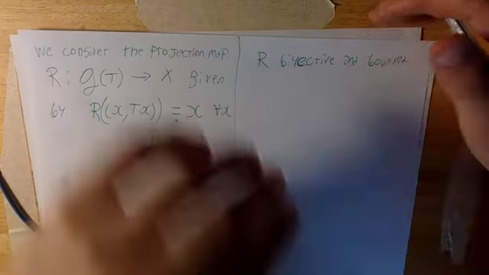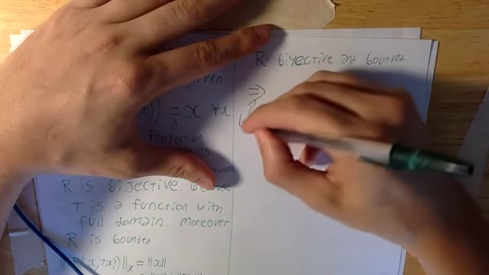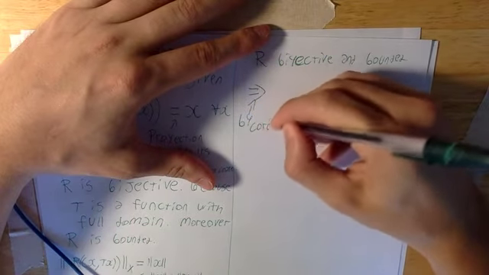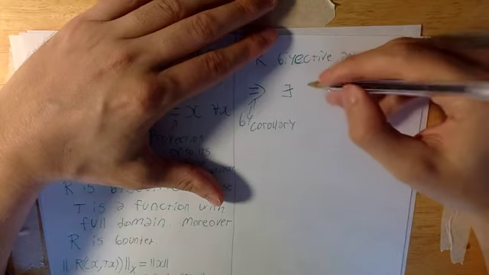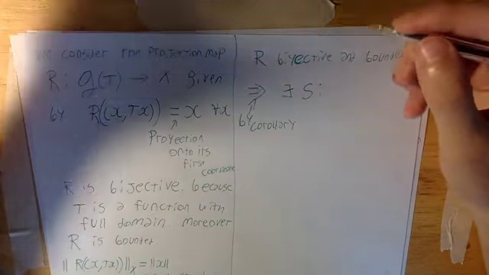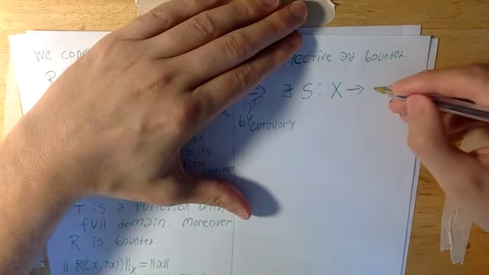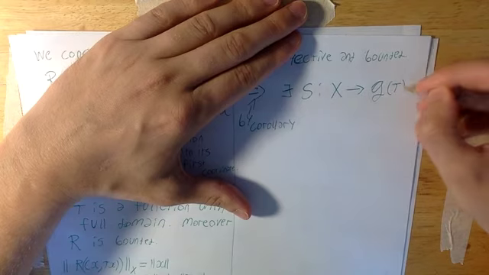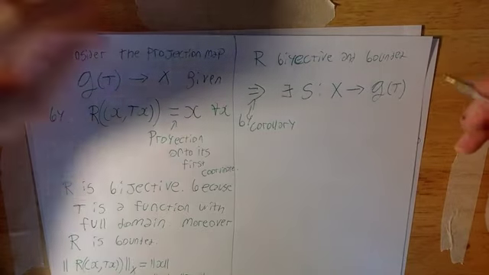Which then implies, by the corollary, that there exists S going from X to G of T, which is the inverse.